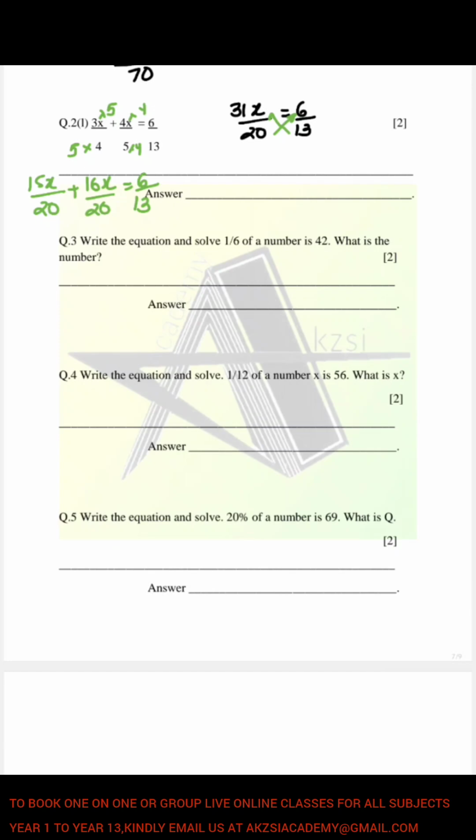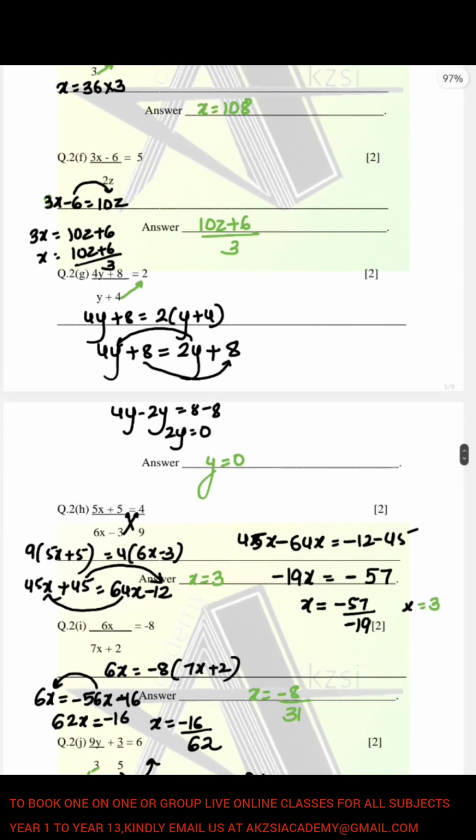So 13 into 31x is 403x equals 6 times 20, which is 120. Finally, dividing both sides by 403, you will get x as 120 over 403. And that's your final answer.